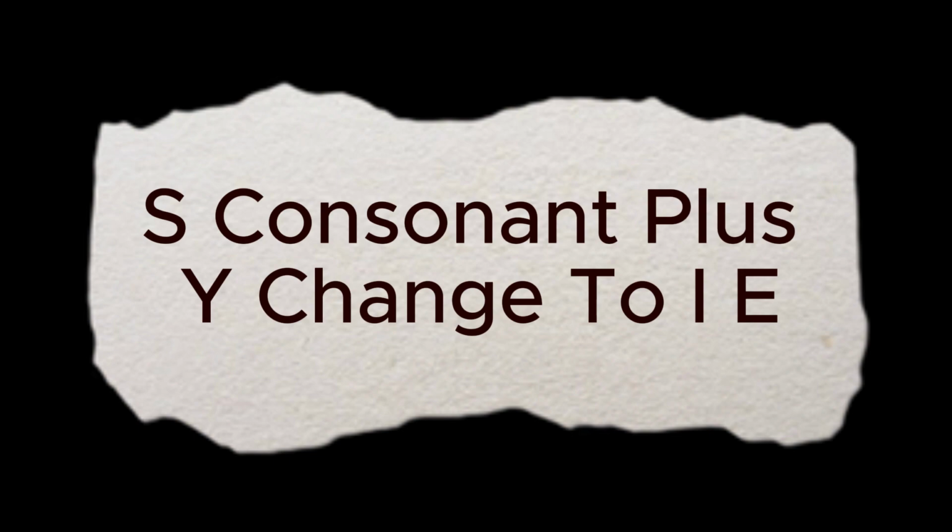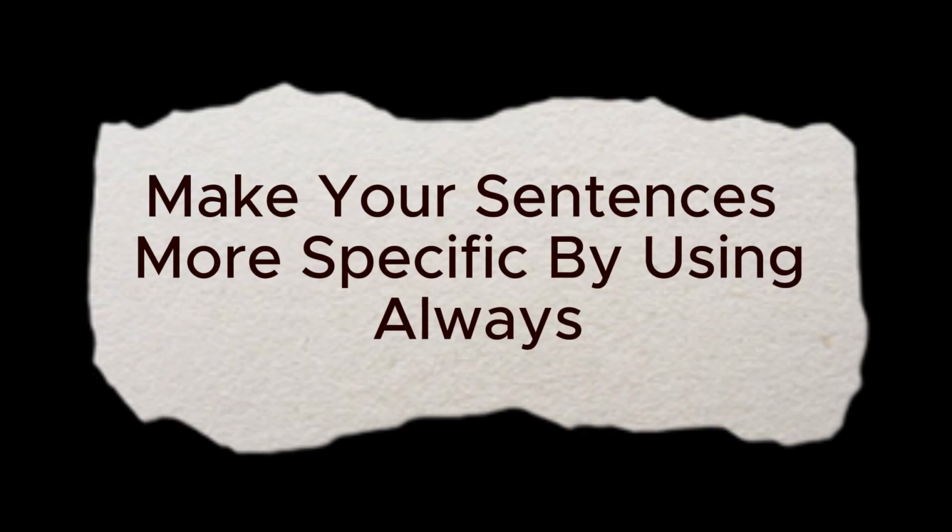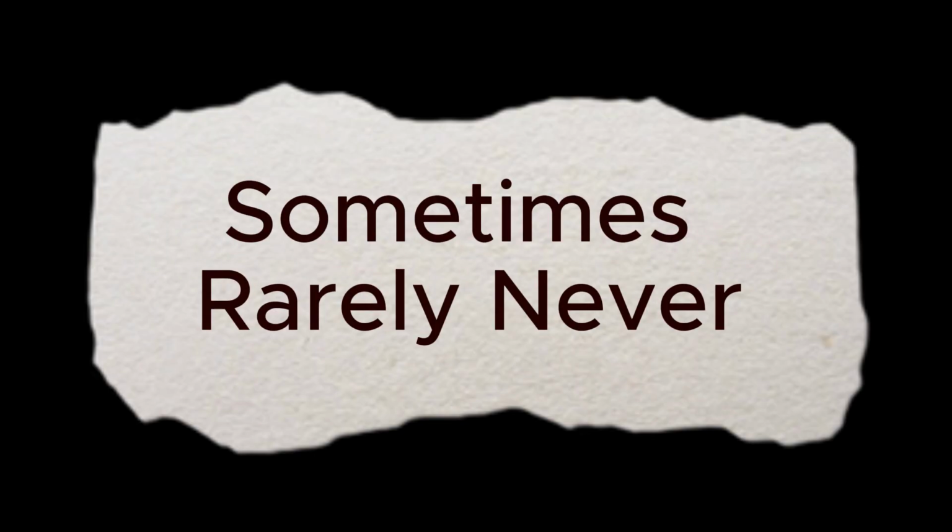Consonant plus y changes to ies. Have becomes has. Tip number 4. Use frequency adverbs. Make your sentences more specific by using always, usually, often, sometimes, rarely, never.